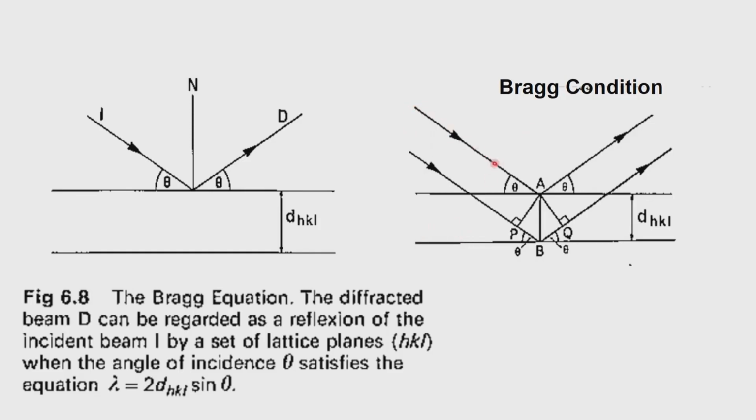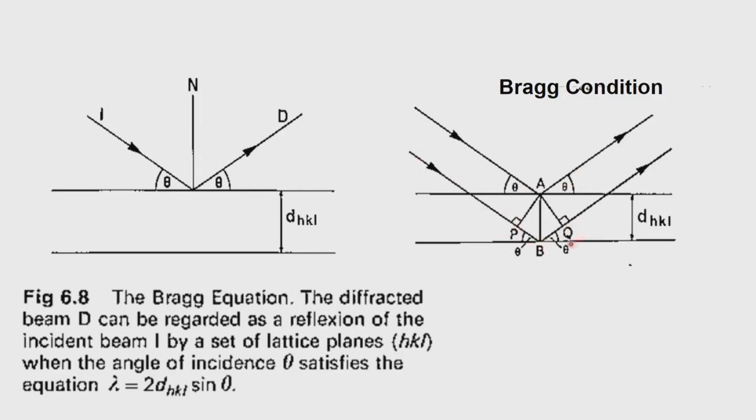So, suppose you take this ray 1, it gets reflected from this plane and goes off, and here is a parallel plane placed at a distance of d of HKL. Okay. So, now we can see that this second ray is up to here. If we drop a perpendicular here, it goes to P, and if we drop a perpendicular there, you go to Q. So, the extra length that is travelled by this second ray is Pb plus Bq.